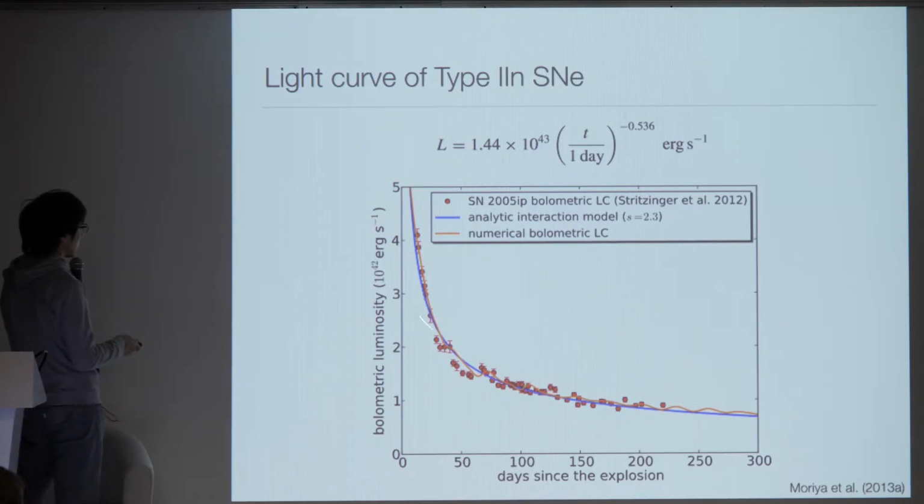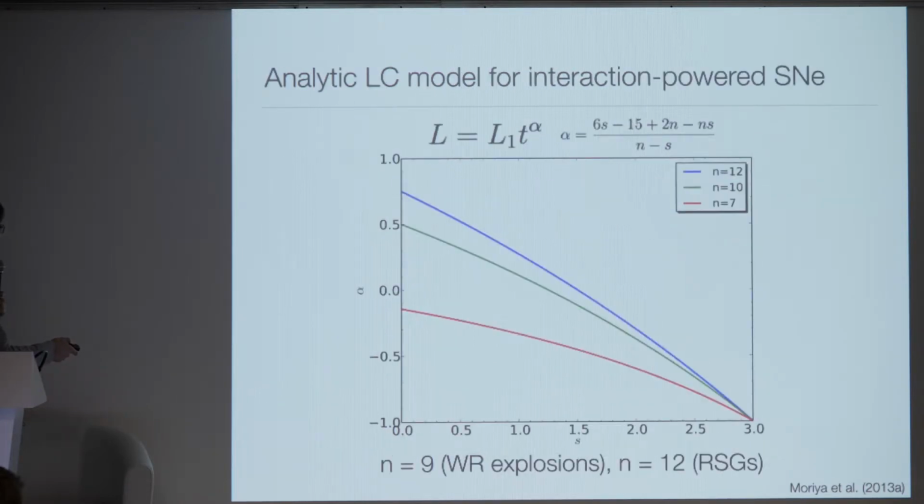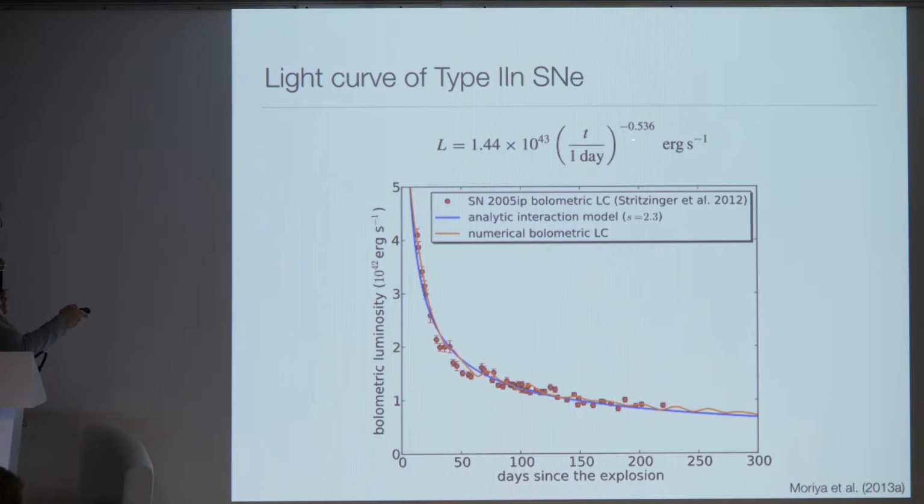As you can see, you can describe this evolution by a power law, as expected from the model. And if we assume a Wolf-Rayet star explosion, then that means we should see n equal to 10, and we got about minus 0.56.